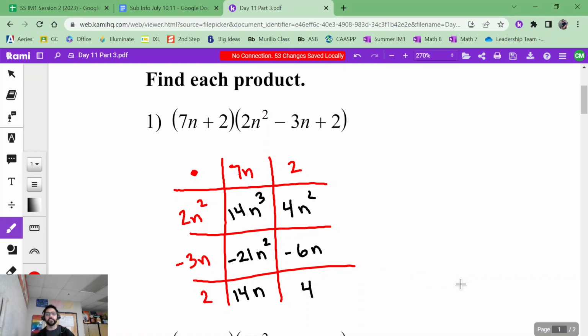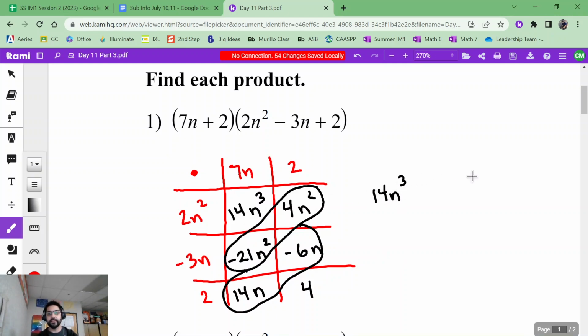Now for this one, since it is slightly more complicated, you're going to have 2 diagonals for your like terms. But the little trick that I tried sharing on the previous one is that your first term and your last term are always going to stay the same.